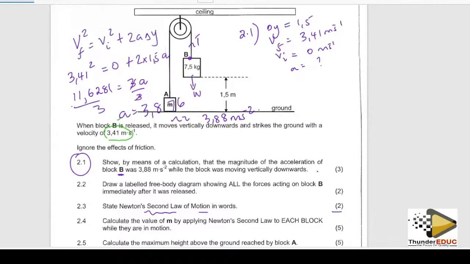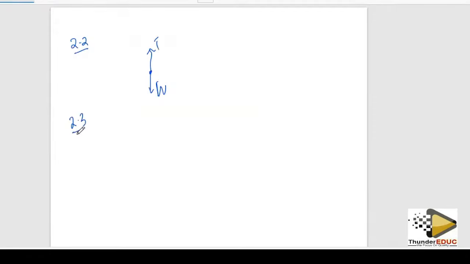And then 2.3, can we state Newton's second law of motion in words? There are different formats and scenarios to this law, but there are some keywords that we normally want.